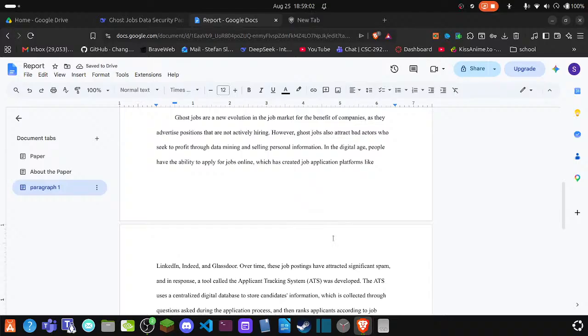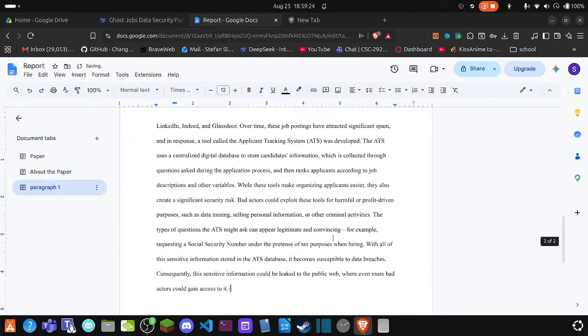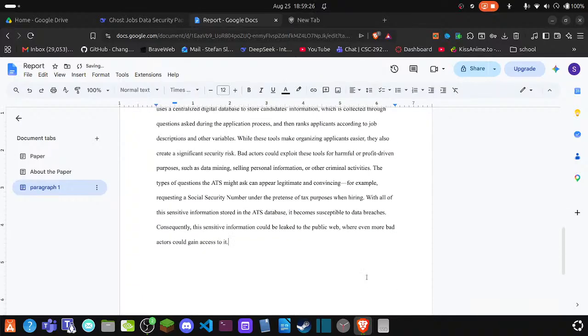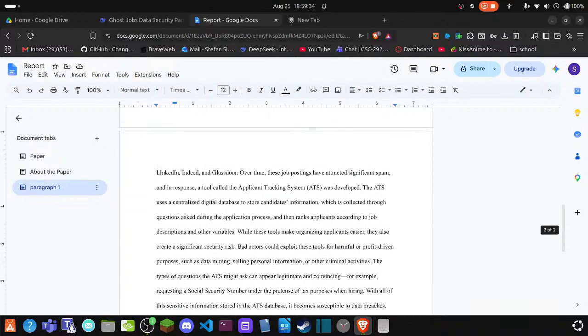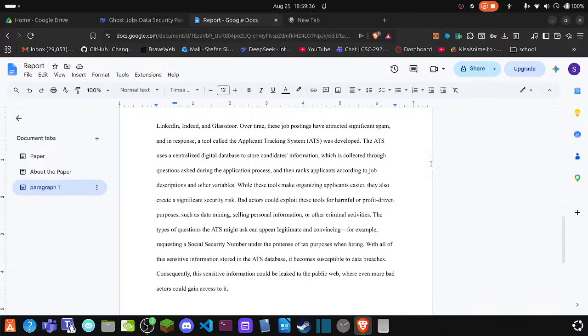Ghost jobs are a new evolution of the job market for the benefit of the company as they advertise positions. They are not actively hiring. However, ghost jobs also attract bad actors who seek to profit through data mining and selling personal information. In the digital age, people have the ability to apply for jobs online, which has created job application platforms like LinkedIn, Indeed, and Glassdoor.